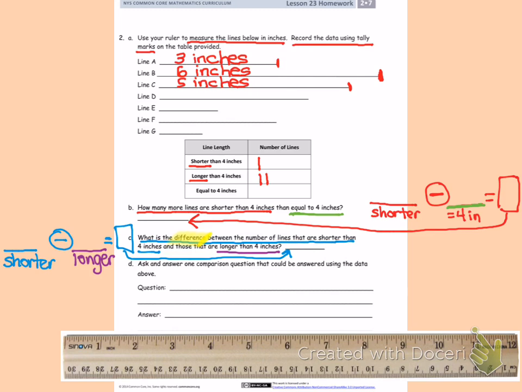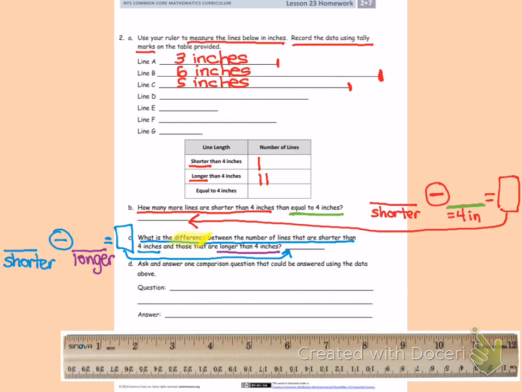Item D says, ask and answer one comparison question that could be answered using the data above. As I look at the data above, I see item B again that asks for how many more lines are shorter than 4 inches than equal to 4 inches.